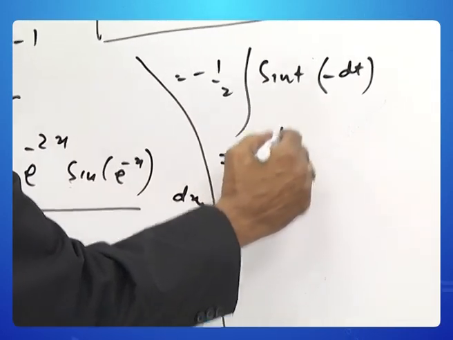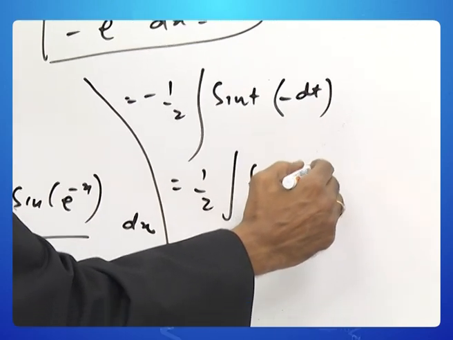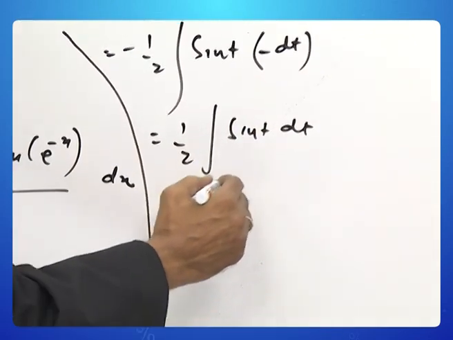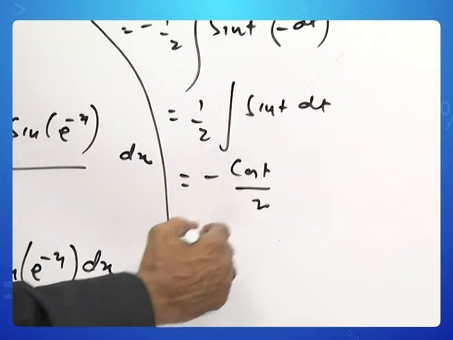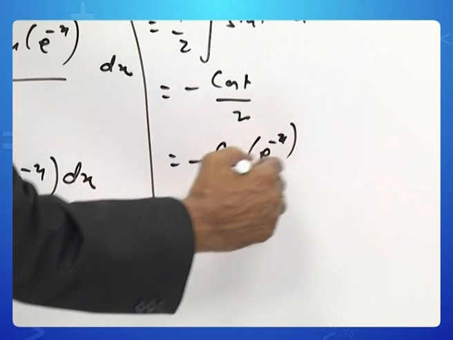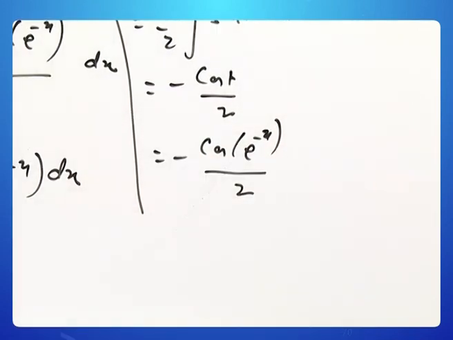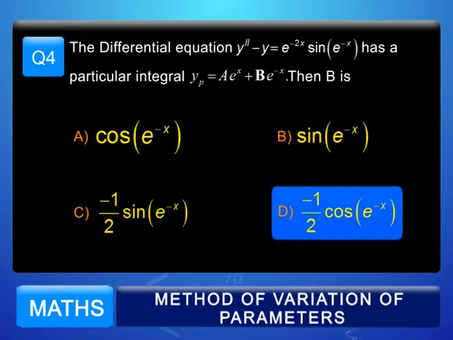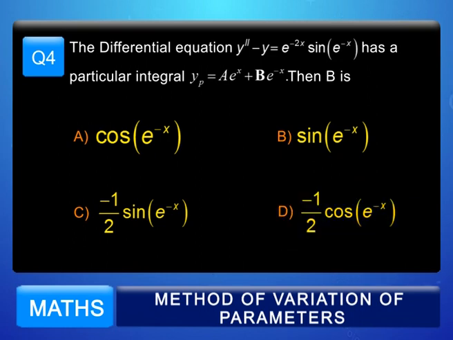So this is half integral sine t dt, which is minus cos t by 2, which is minus cos e power minus x by 2. So this is the determination of b, and this option you can find as option D in the solution.